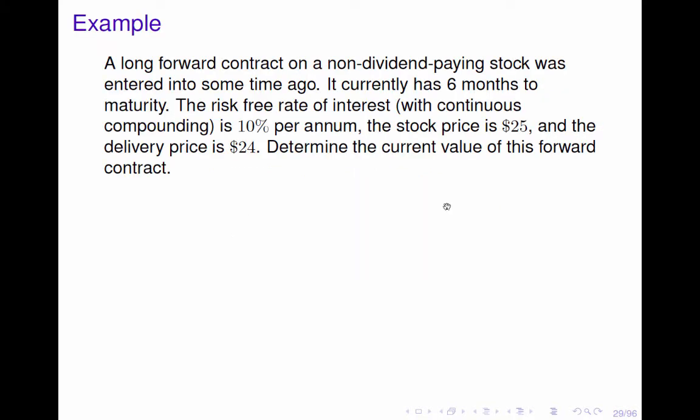Here is an example of a forward contract on a non-dividend paying stock with delivery price $24 and currently 6 months to maturity. Given the risk-free rate of interest is 10% per annum with continuous compounding, and the current stock price is $25, what is the current value of this forward contract?